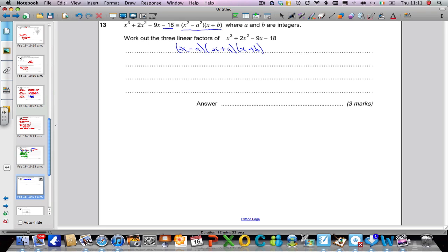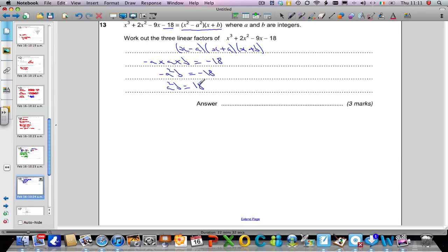And the constant for each linear factor is the a here, and the b. So when I multiply minus a by a and multiply that by b, that will give me the negative 18. It must be equal to negative 18. So tidying up, we get minus a squared b must be equal to minus 18. So a squared b must be equal to 18.